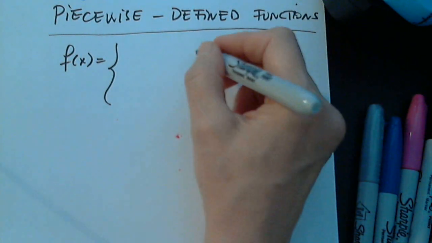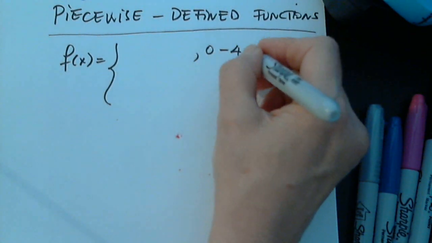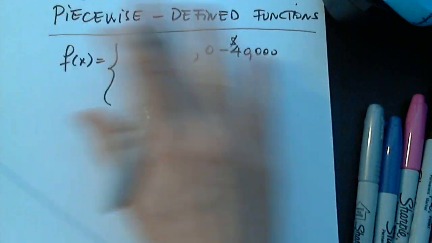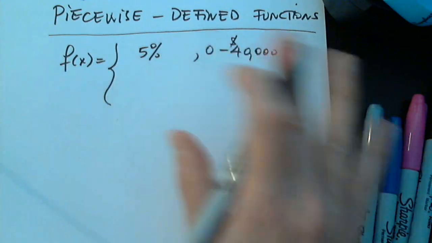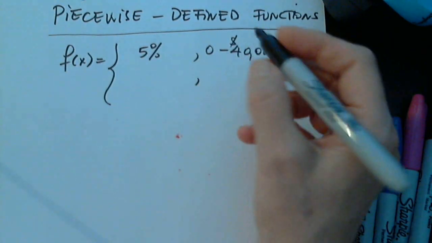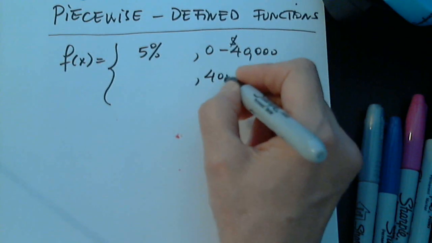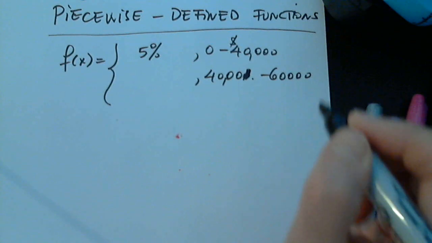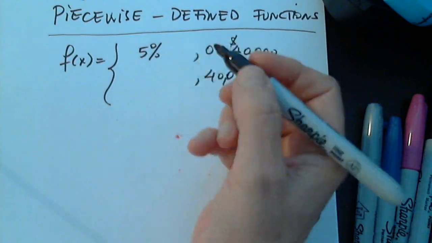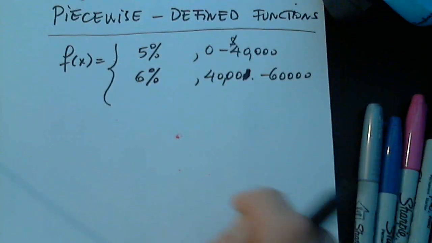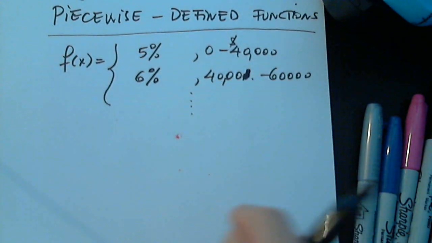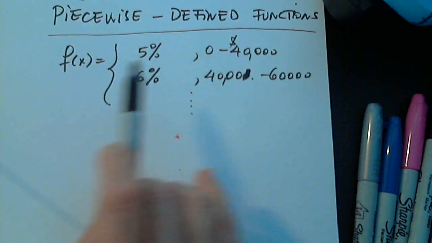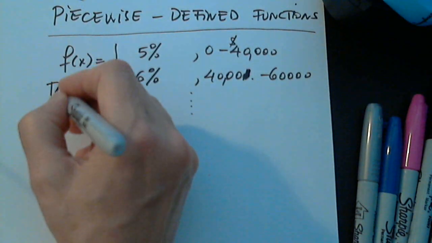Let's suppose somebody who earns between $0 and $40,000 per year pays 5%. As I said, I'm making up numbers. I don't know if that's the case. Somebody who makes from 40,001 to 60,000 per year, the tax code says you have to pay 6%, and so on and so forth. This is a real life situation, not with the correct numbers. This is the tax code.